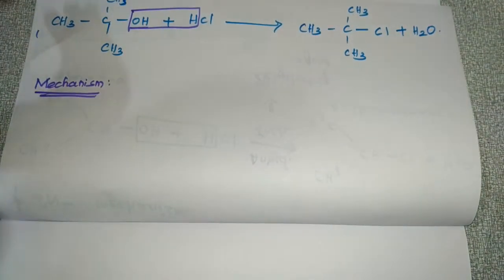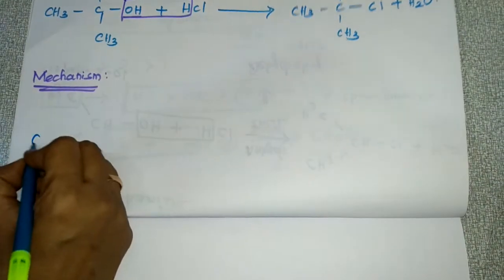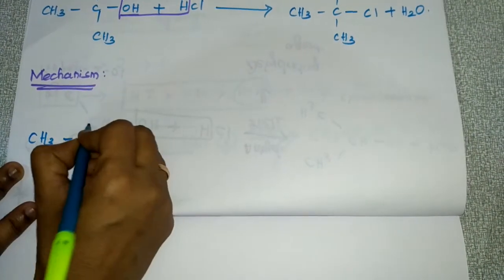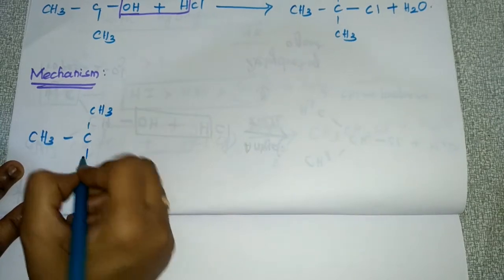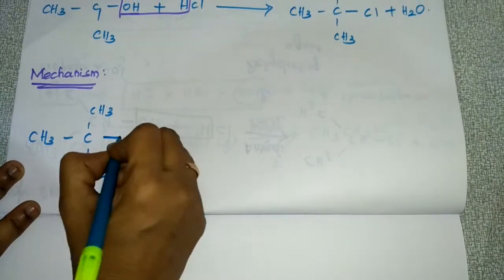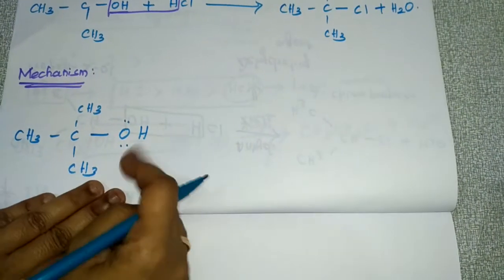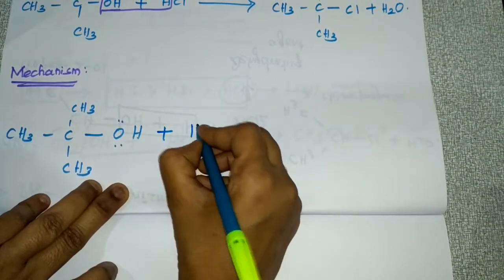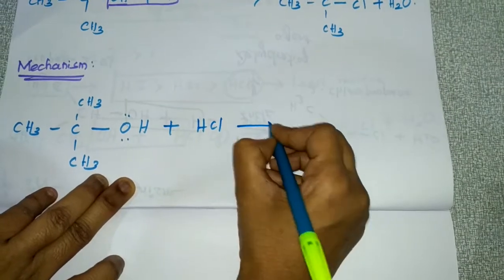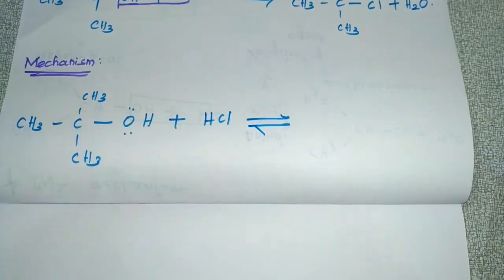Here you are taking this alcohol, (CH3)3C-OH. Here there will be two lone pairs of electrons on oxygen, and you are using HCl gas, and this is step 1.